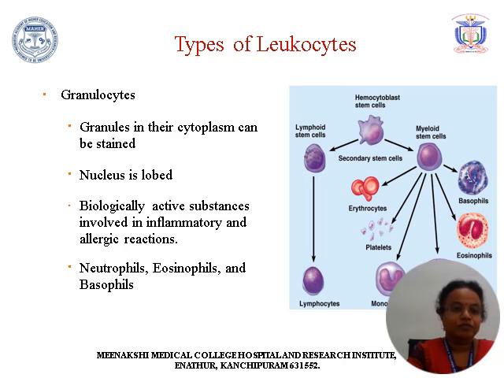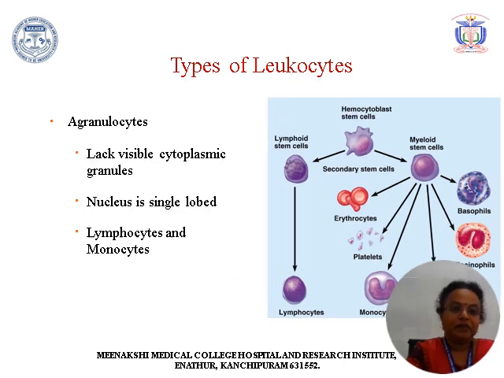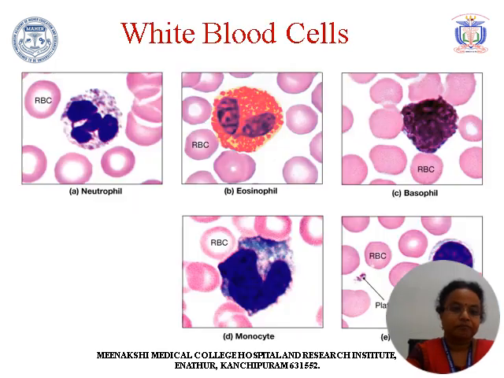The various types of granulocytes are neutrophils, eosinophils and basophils. Now coming to agranulocytes, as the name suggests, they lack visible cytoplasmic granules and the nucleus is single lobed. The types of agranulocytes are lymphocytes and monocytes.